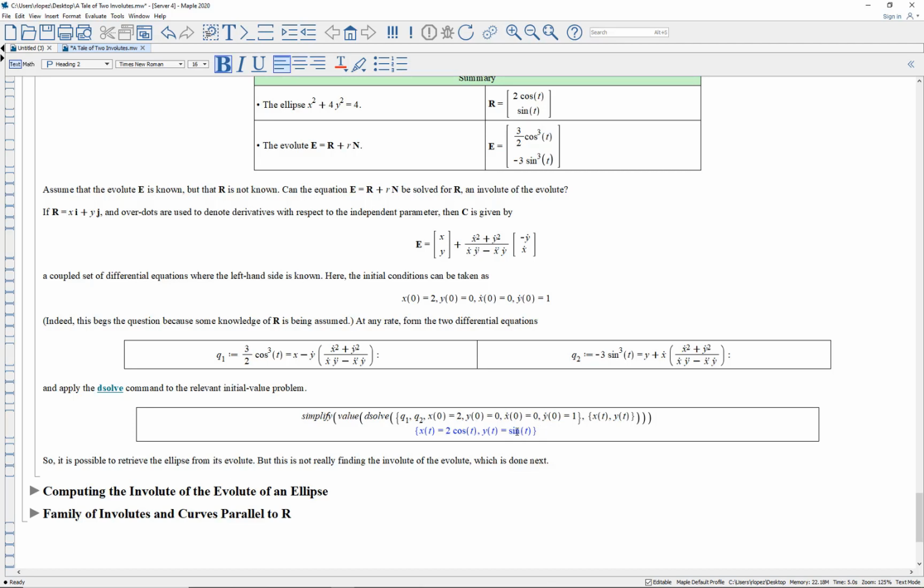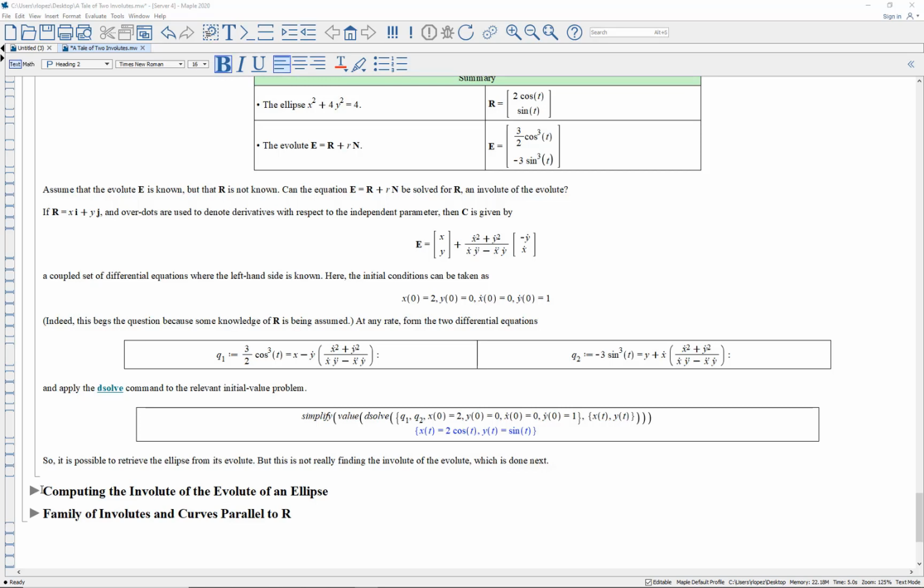I did get back R. So that was a nice step along the way to say, okay, you can recover R from its evolute. But what we're trying to do is to recover R as the involute of the evolute. Let's see if we can do that.